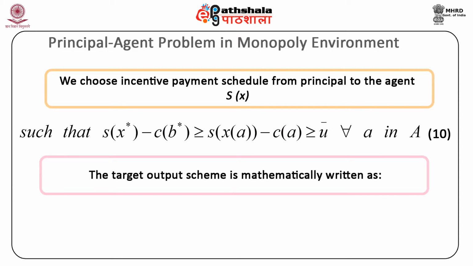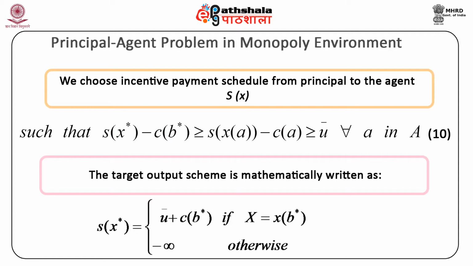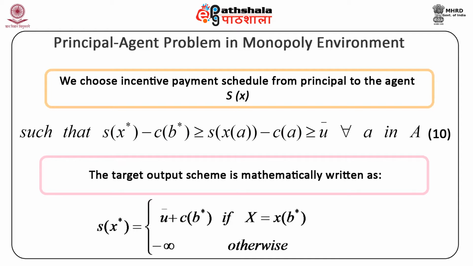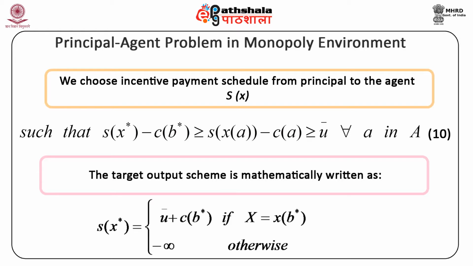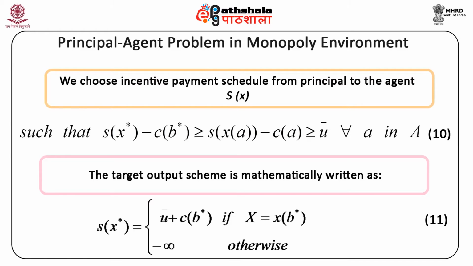The target output scheme is mathematically written as S(x star) is equal to either u bar plus c(b star) if capital X is equal to x(b star), or minus infinity otherwise. This is given as equation 11.